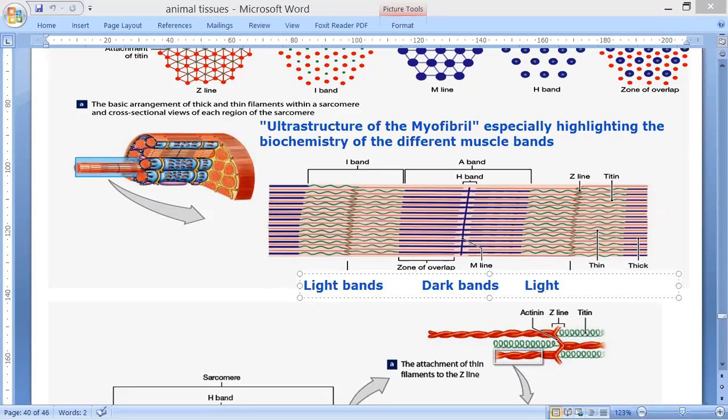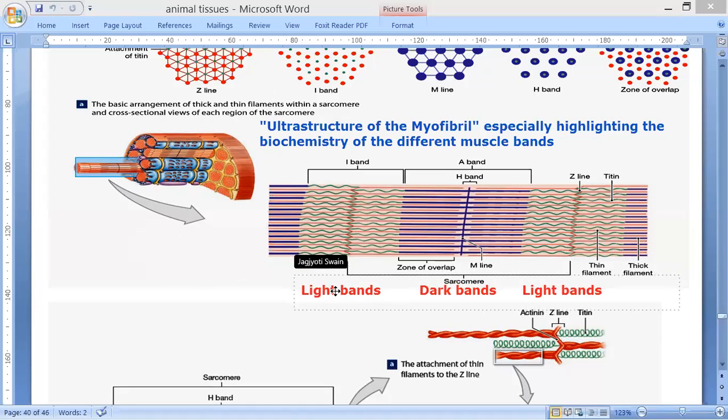So light bands, dark bands, light bands, dark bands. In collection, what do we call it? So we are calling it striated or striped muscles.